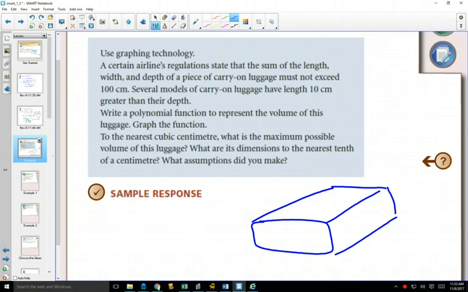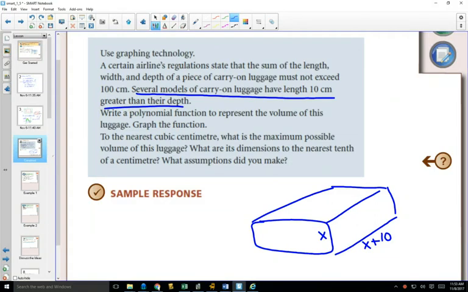So I'm actually going to use this line right here. Several models have a length 10 centimeters greater than their depth. So the length is being compared to the depth. So I'm going to make my depth x, and then I would know that my length is x plus 10.